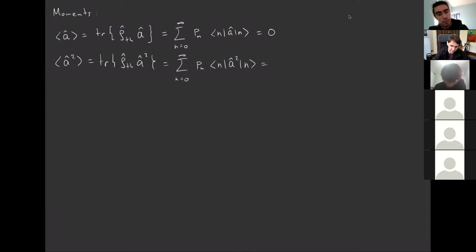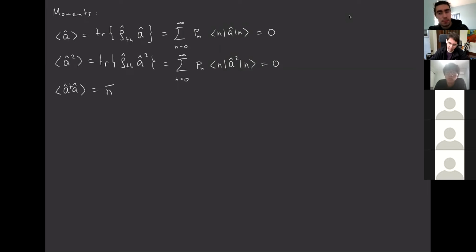But now, again, this state a²|n⟩ is proportional to |n-2⟩, which means that this whole expression is orthogonal to n. So this is 0. And finally, we can also check a dagger a, but a dagger a is actually the constraint. So a dagger a is the mean number of excitations.